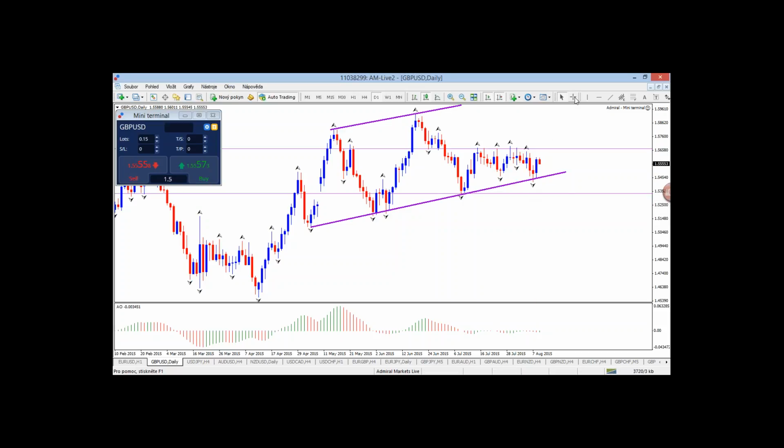Anyhow, this support level is about 153.40-ish. What is 153.30? All right, so that's the same level as the euro dollar 1.08. If it breaks through that, we have the potential for the long-term trend again to start its downward path.